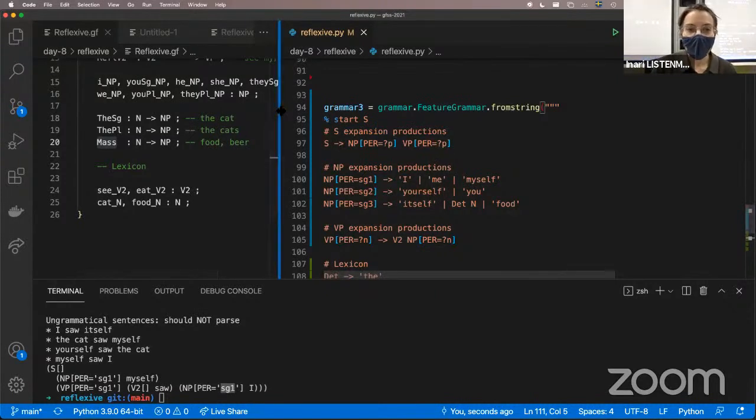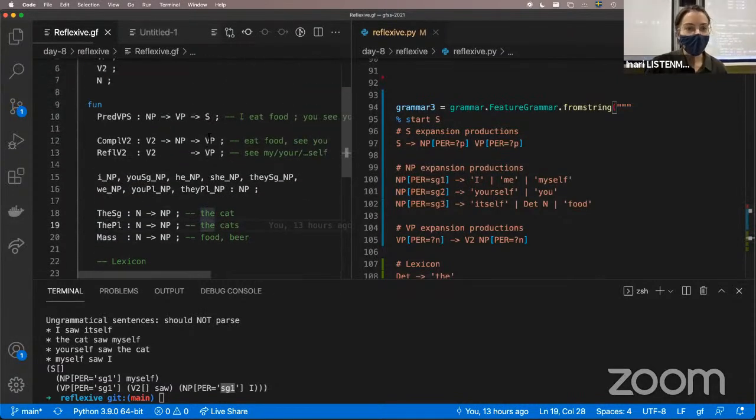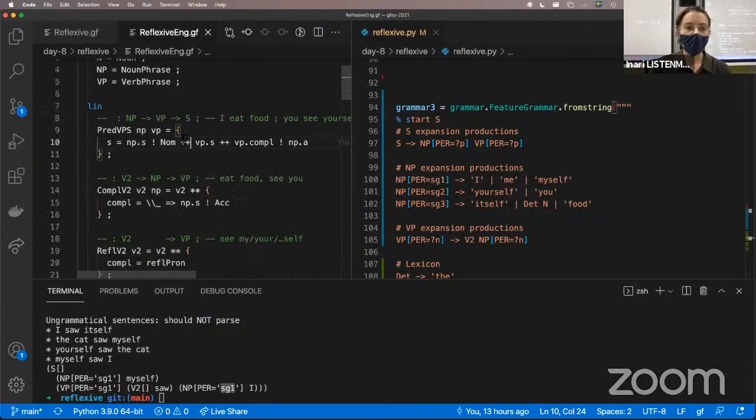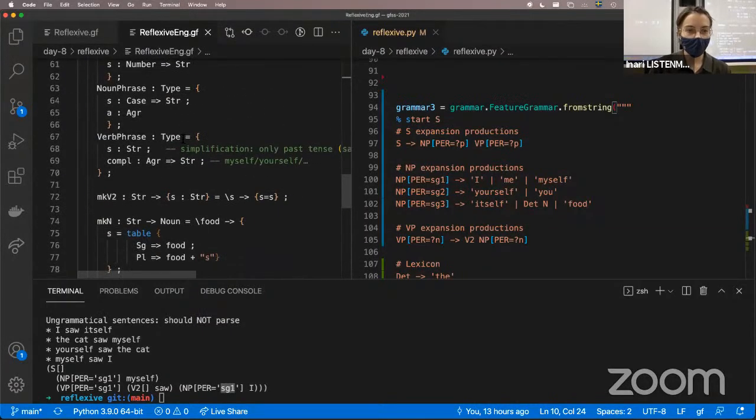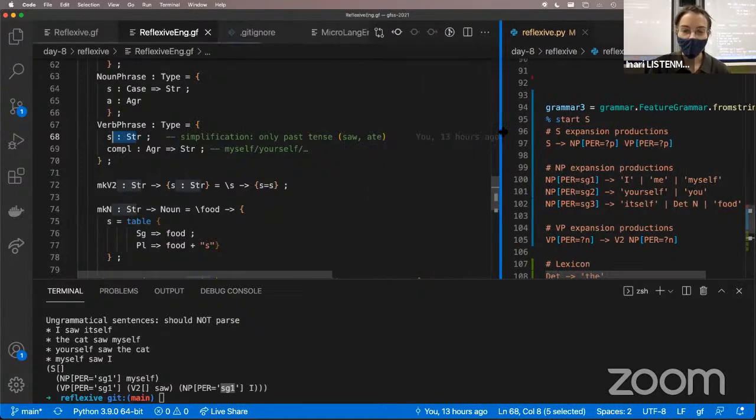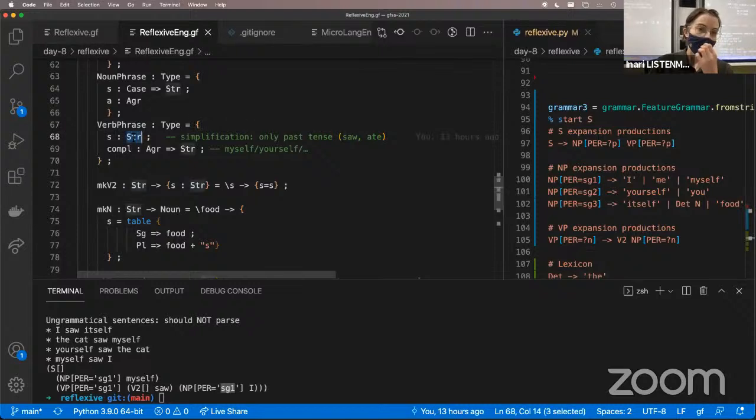So in GF, what we have here is that the V2 becomes VP, and then in the concrete syntax, the linearization of VP is this. Again, this is also a simplification because we just had the past tense. The S part is the actual verb, like saw, ate. But the complement is the one that is myself, yourself.